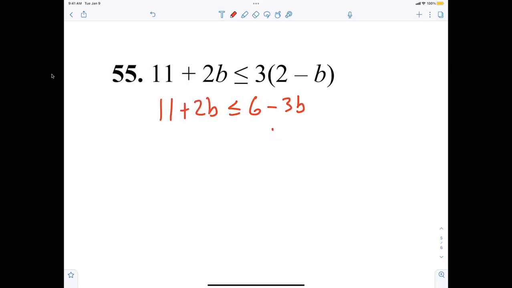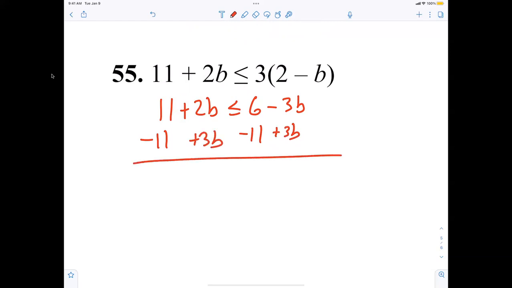I want the variables over here and the numbers over there. So what do I have to do? You can subtract. Yes, I like that. Subtract 11, and you can include the 3. So that'd be a what? 5. Yes. Okay, I'm pretty happy with you on that. So now 5b is less than or equal to what?